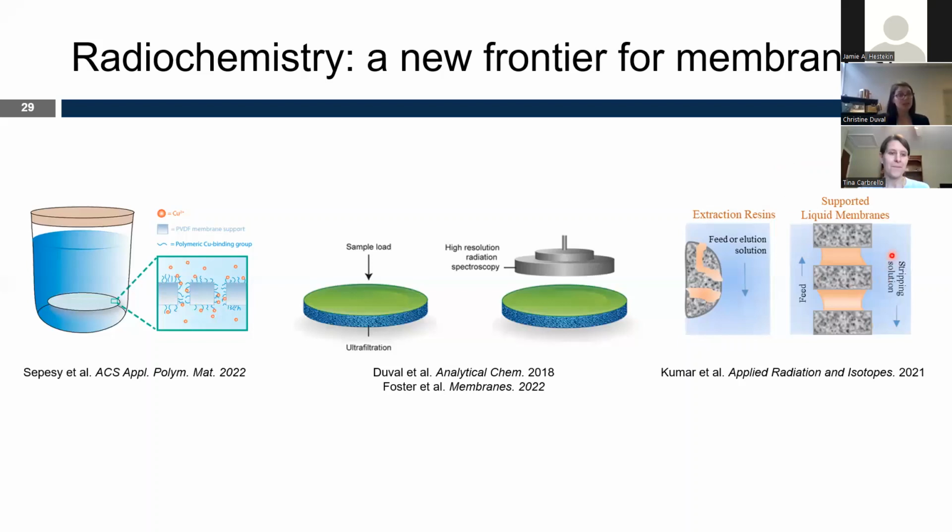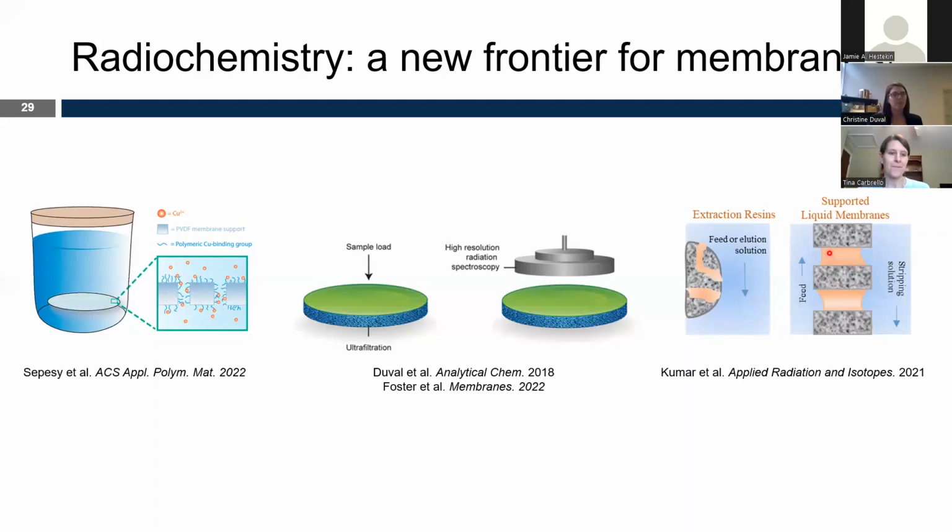And then in this type of work, you have your feed solution coming in, carrying in your ion. It would enter this extractive ligand solvent mixture here, diffuse across, and then be stripped on the other side.